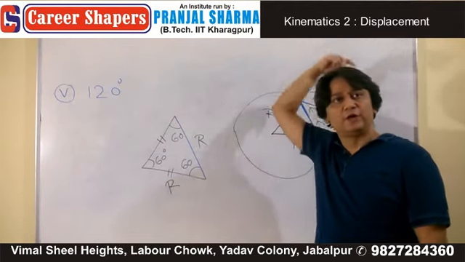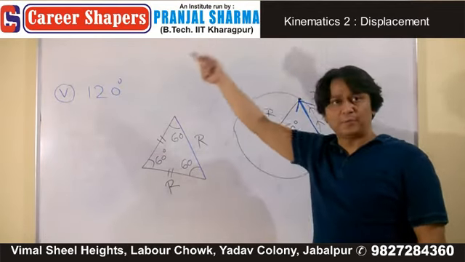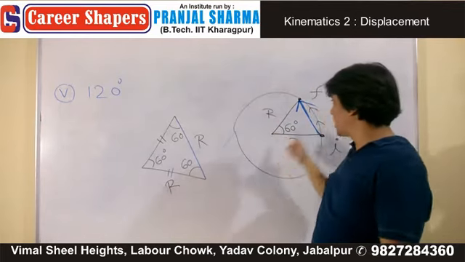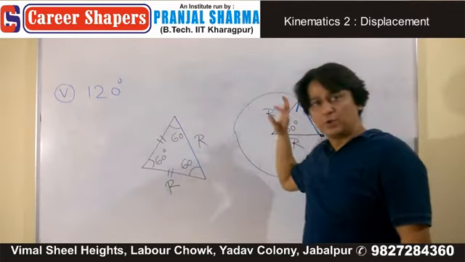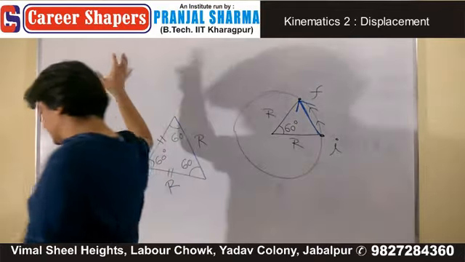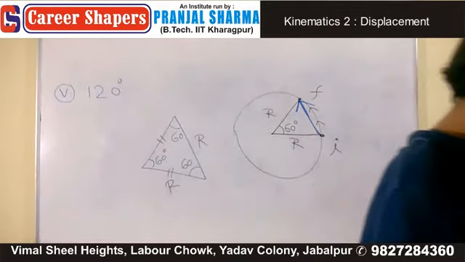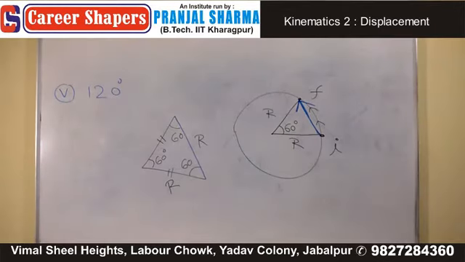Show the initial point, show the final point, show the path, then draw a displacement line. Don't forget to use arrowhead. We will need this arrowhead when we discuss direction. Find me the displacement for 120 degrees. If angle covered by the object is 120, then what do you think is the displacement?